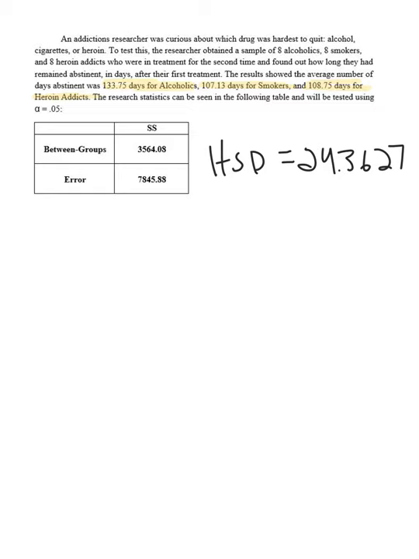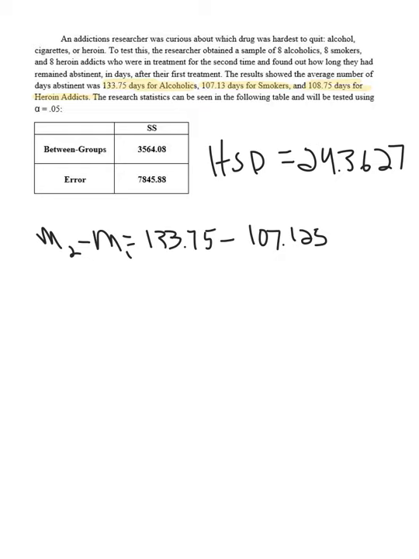Basically, what I'm going to do is calculate their differences. So what I do is mean 2 minus mean 1. So that's 133.75 minus 107.125.